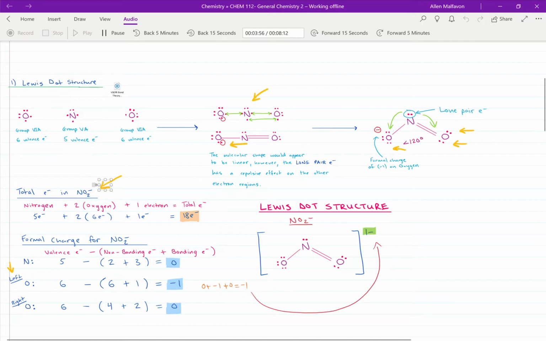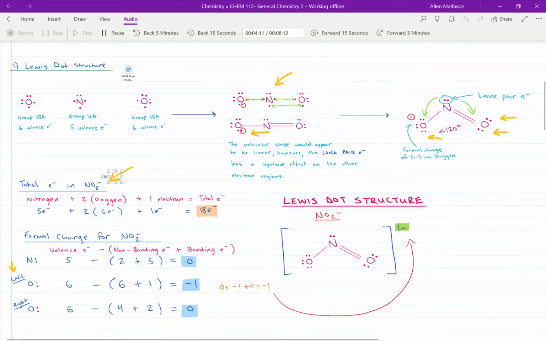Nitrogen will have a formal charge of 0. The informal way to remember this is to subtract the sum of the non-bonding and bonding electrons from the valence electrons for each atom.